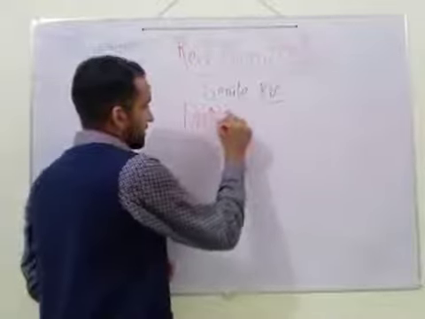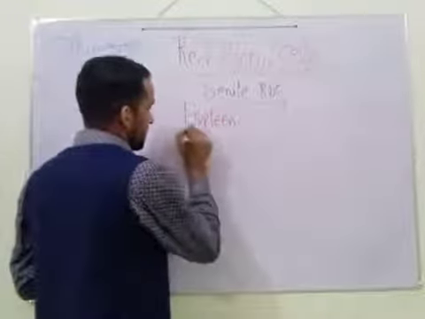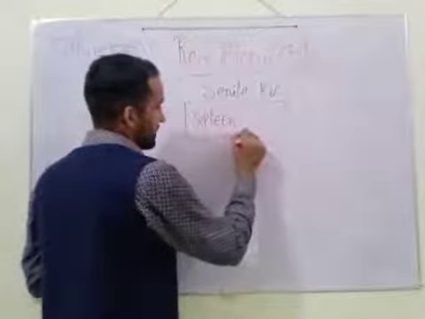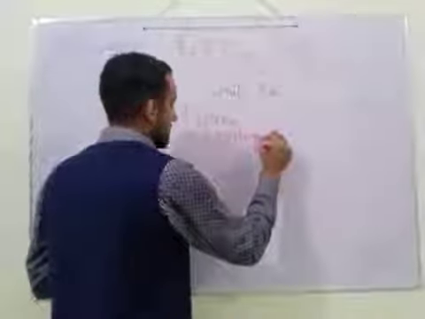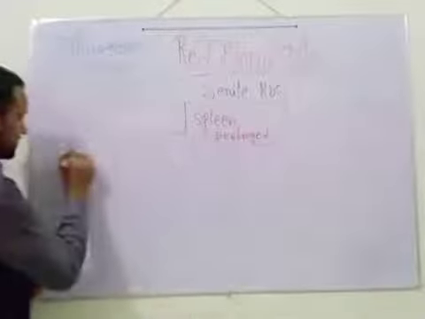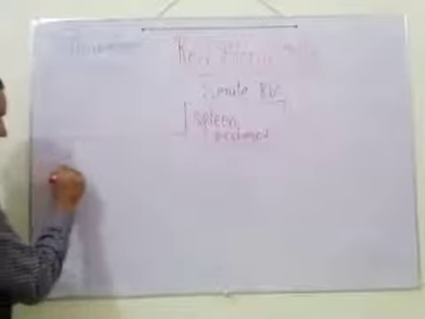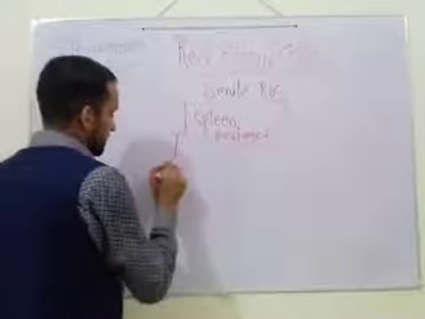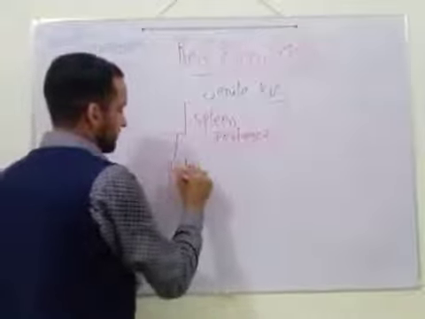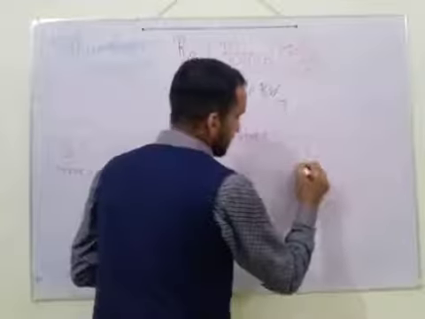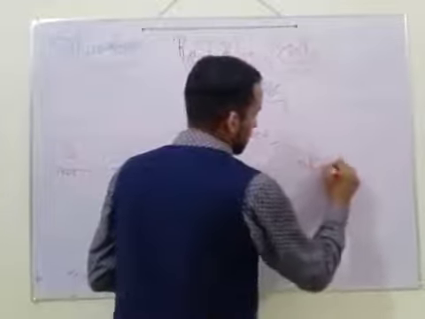In the spleen, the red blood cell is destroyed, and the components after destruction are iron, second is globin, third is porphyrin.